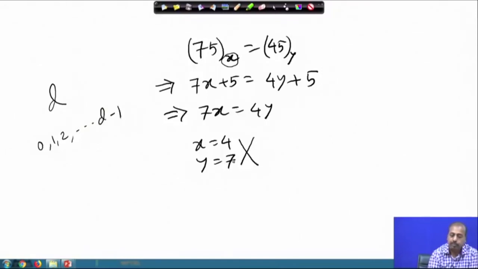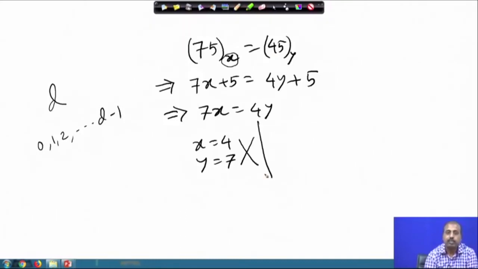So, if 7 is the base, then I will have the digits 0, 1 up to 6. Similarly, for x equal to 4, I cannot get the digit 7 there. And y equal to 7 is of course all right.